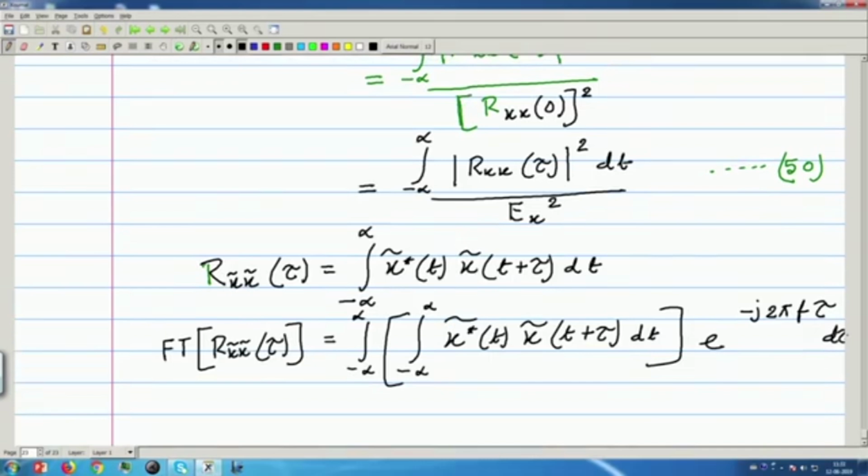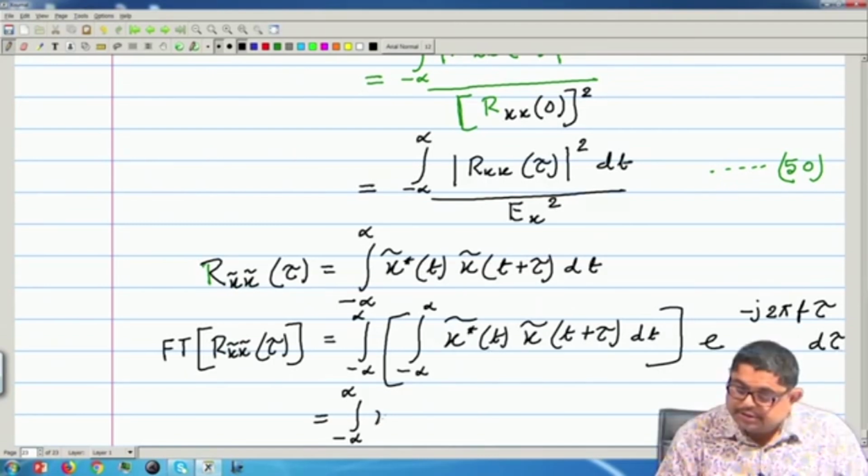This is d tau. Let me write it. Okay. You can see the running variable of integration is tau.